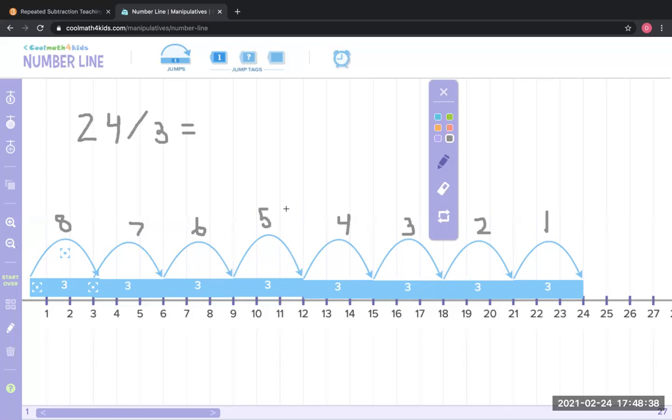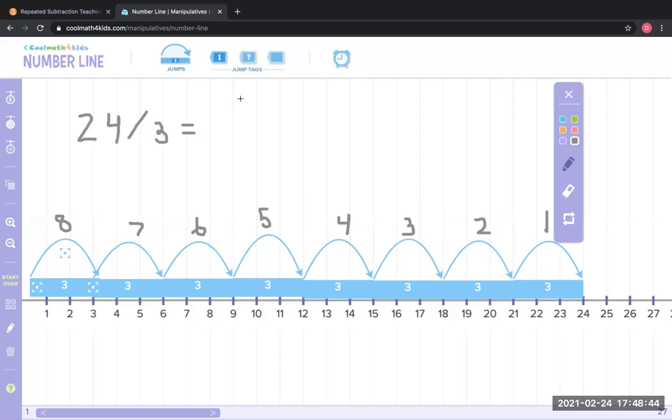But to check our answer, we did it on the number line, but what I want to do is I want to do 24 minus 3 equals 21. And we have a jump that ends and starts at 21. So we know that's correct.